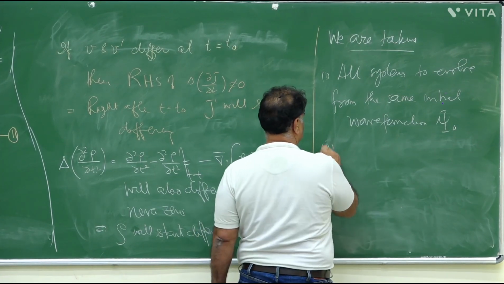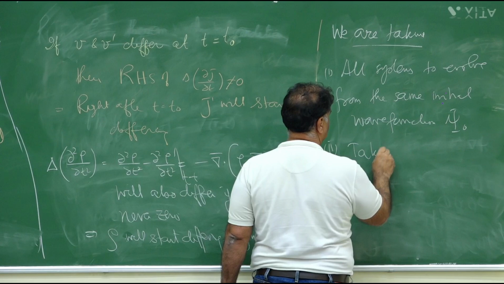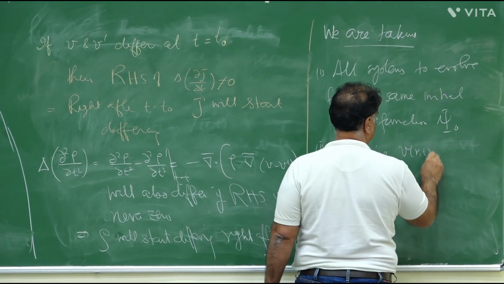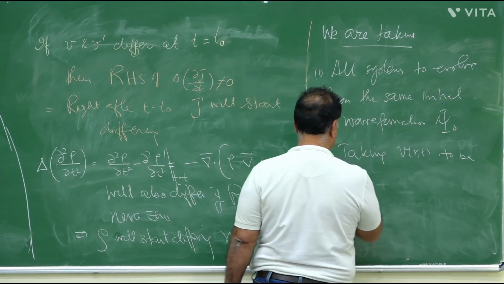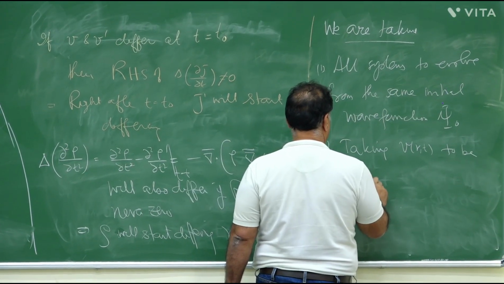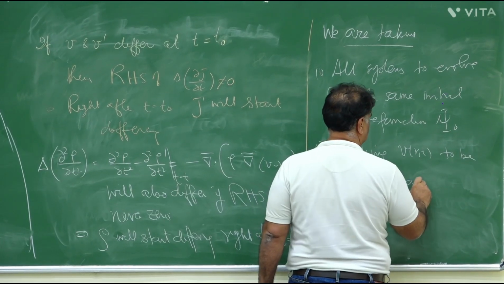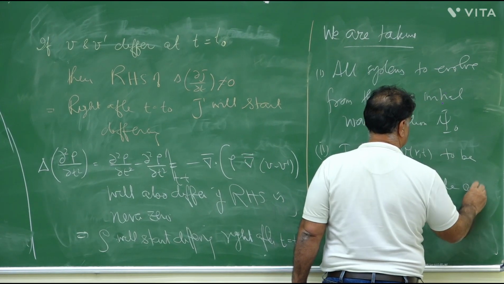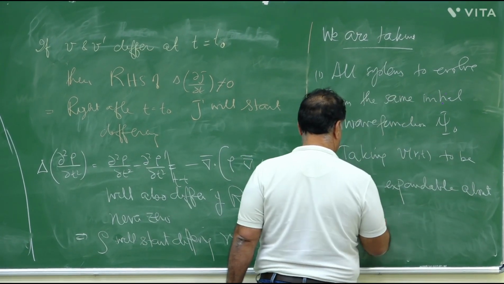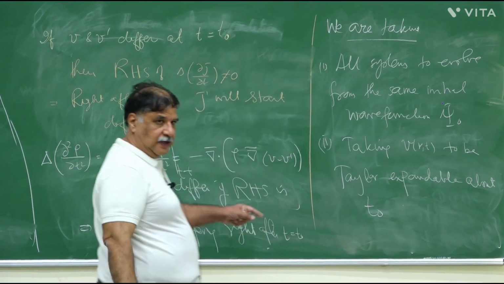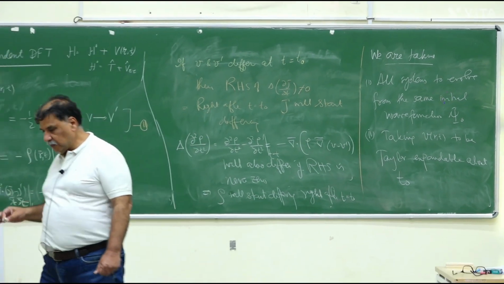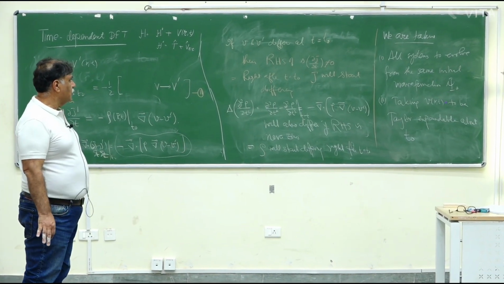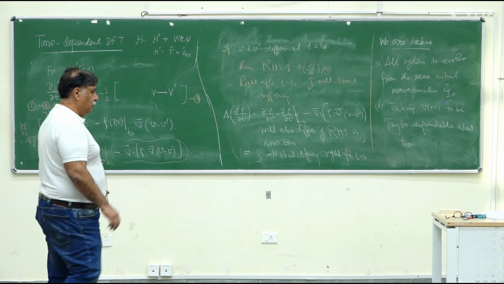And number two, taking V(r,t) to be Taylor expandable. That part will come in a minute. The second part I have not used yet. Right now I have just used that the potentials may differ. Fine, that part I will use in a minute.